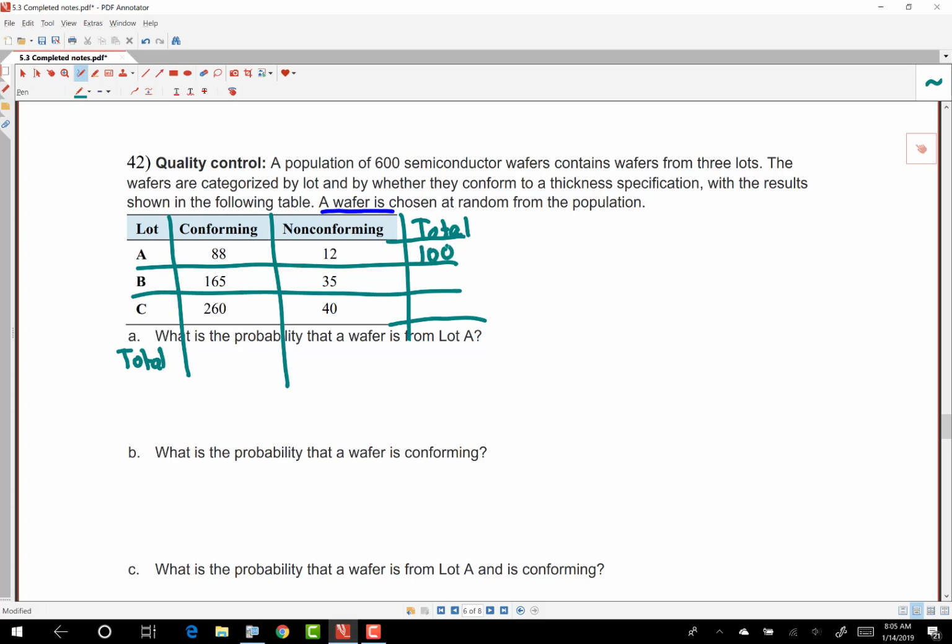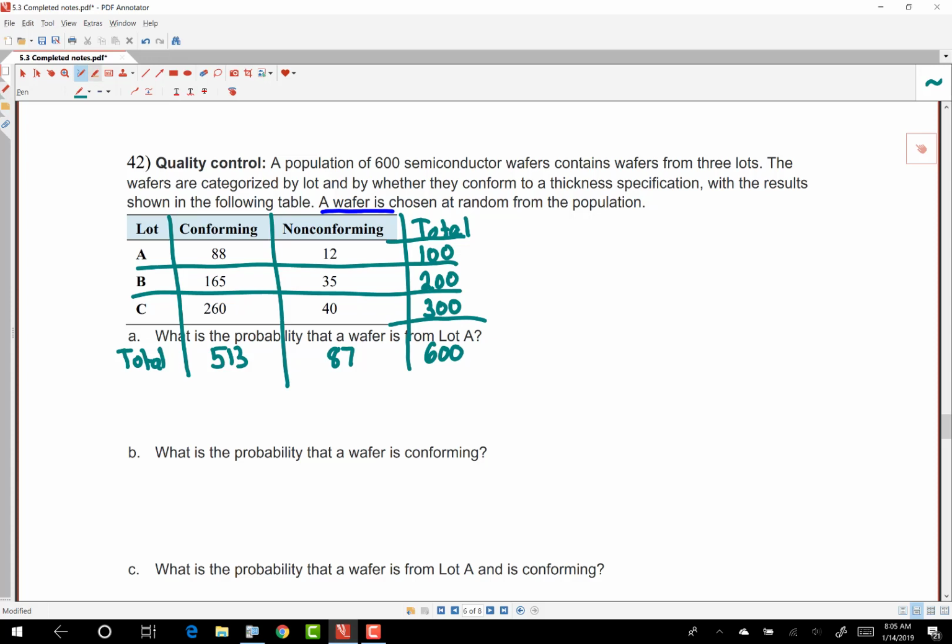B, we have 165 plus 35, that's 200. And C, we have 260 plus 40, that's 300. So notice there was a grand total of 600. And then conforming, 88 plus 165 plus 260, that'll be 513. And non-conforming, 12 plus 35 plus 40, that's 87. And notice that those two total 600 as well.